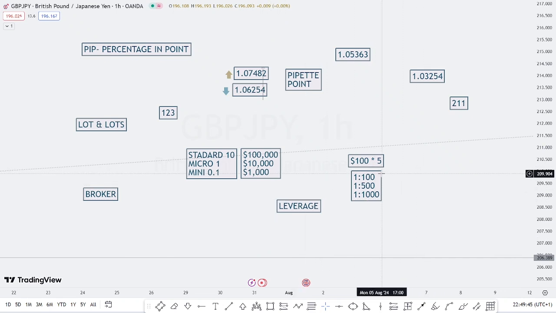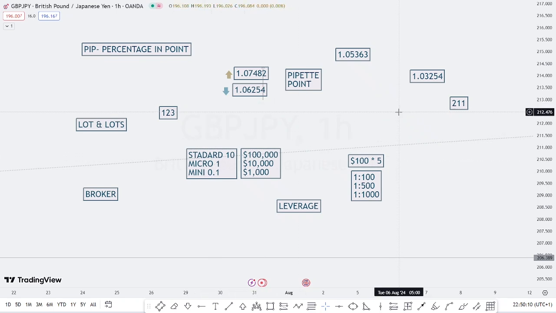With this your $100 and this leverage of 1:1000, instead of $100 appearing on your account, you're now seeing something like $100,000. That means you can now control one standard lot size.